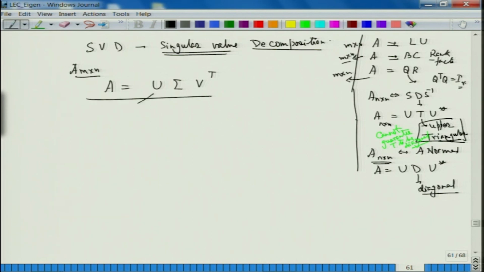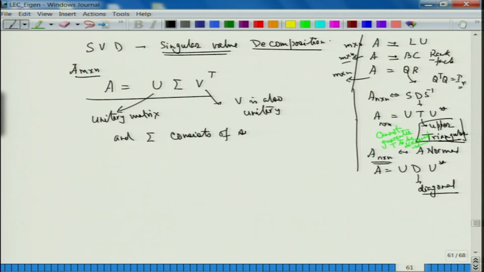So A is this, where U is a unitary matrix, V is also unitary, and sigma consists of singular values of A. So what are singular values? I have not yet defined what those singular values are. I have to define that as well for you.